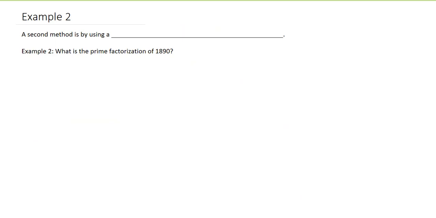So example 2. A second method is using a divisibility ladder. So let's look at that. So we have 1,890. We're going to take the prime factorization of it. In the second example, we're going to start a little bit lower.